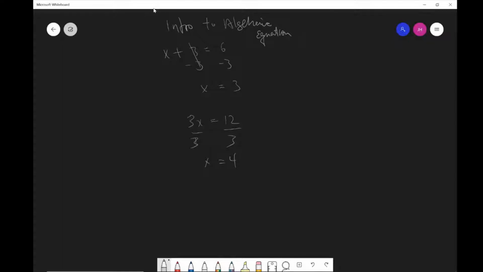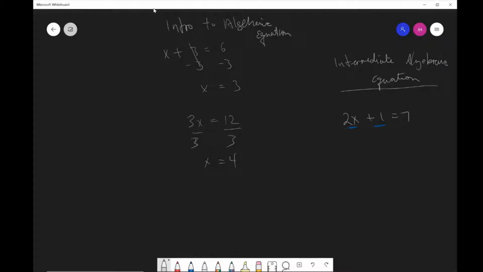Then when we come to the intermediate algebraic equations, we have some combinations of multiplications, divisions, subtractions, additions, like 2x plus 1 equal to 7, where you can see that there's a multiplication going on here, and then addition over here.